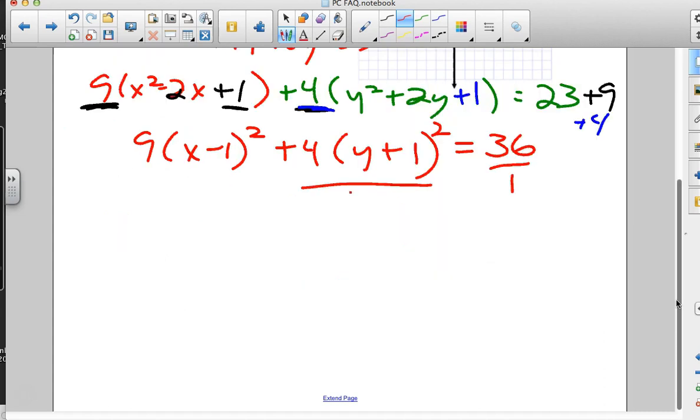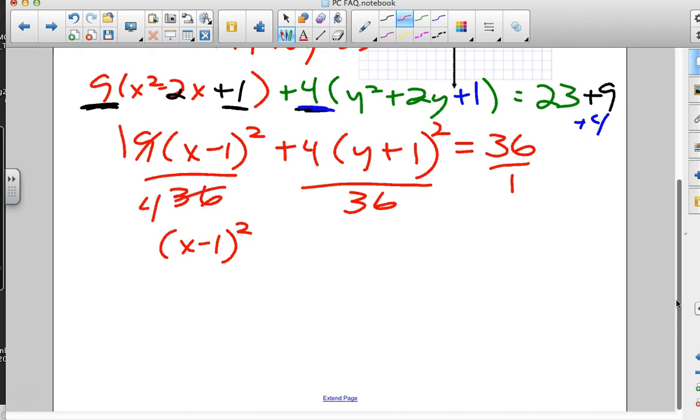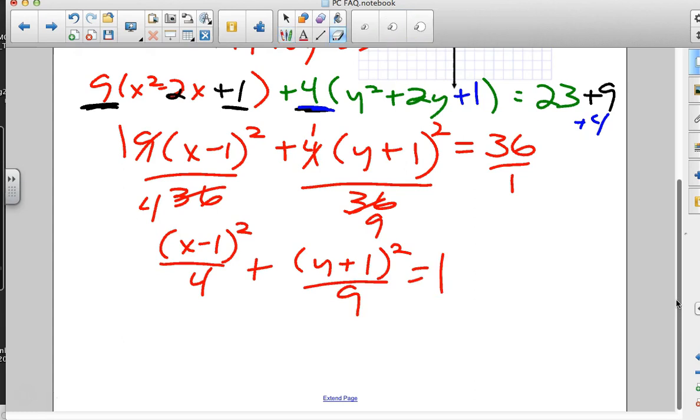So we're going to divide everything by 36. And that will give us, by a little reducing here, 9 goes into itself once, into 36 4 times. And 4 goes into itself once and into 36 9 times. We know we need that to be a 1 by dividing by 36.